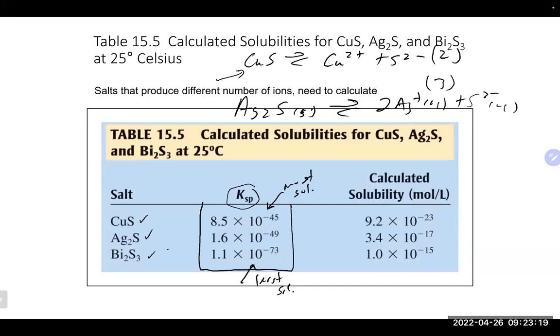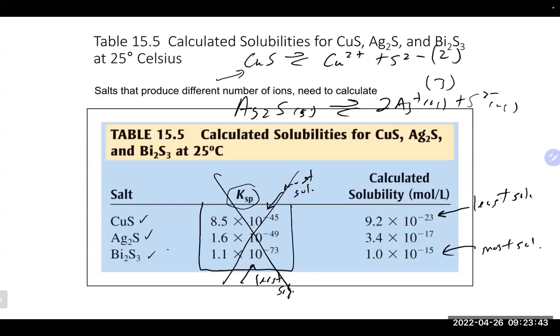But when you actually go through the ICE table calculation like we just did, what you actually see is the opposite. You see that the top one is the least soluble, and this one is the most soluble. So you cannot directly use the Ksp values when the salts do not break apart into the same number of ions.